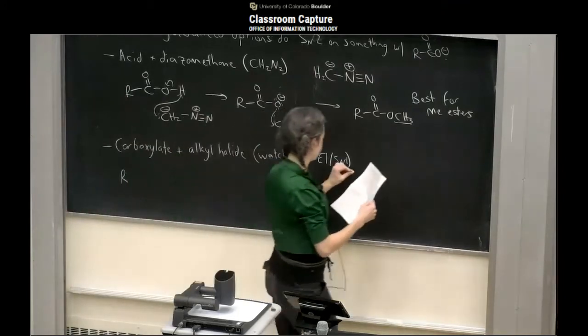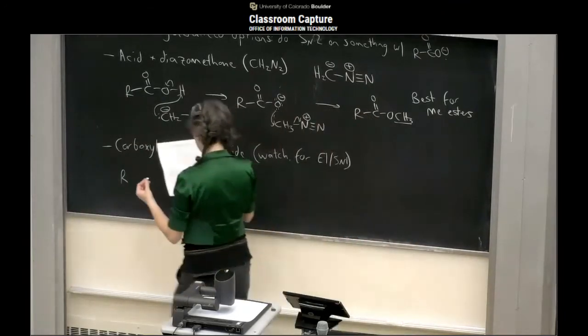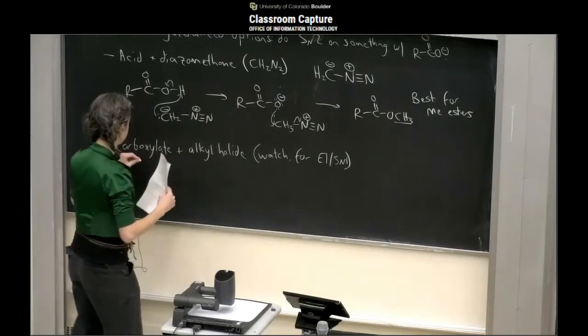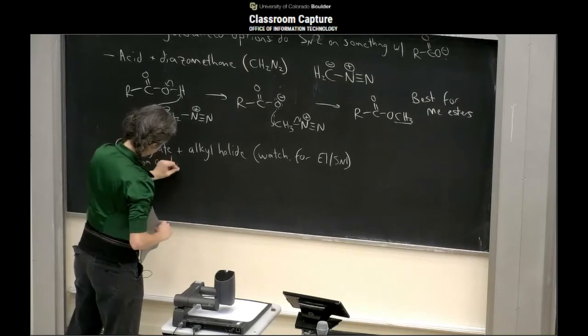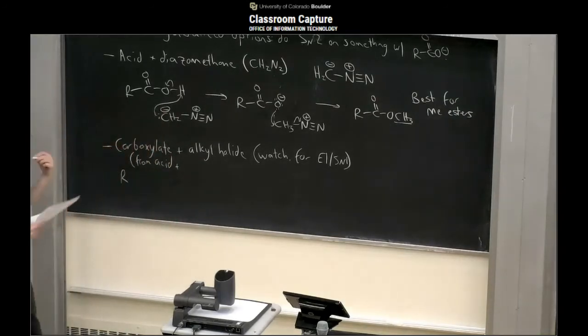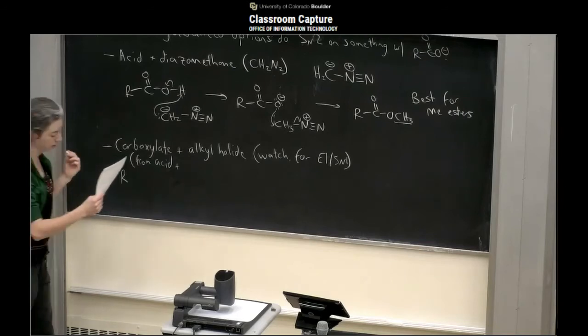So alkyl halide, and then usually you're going to make the carboxylate from the acid plus a mild base; potassium carbonate's pretty common.